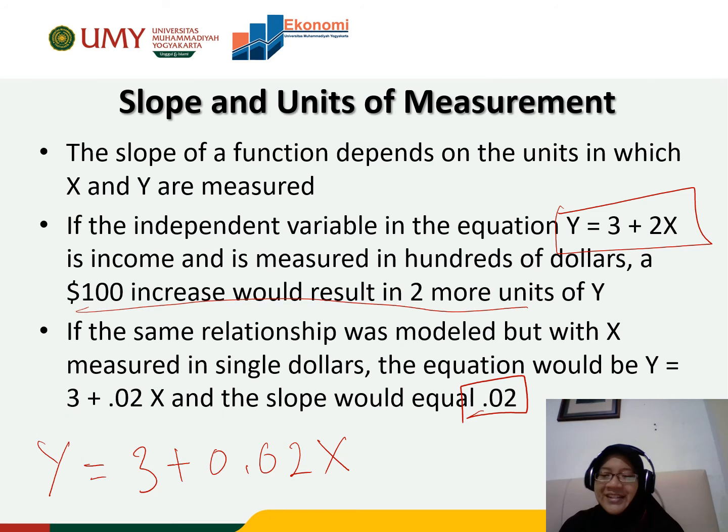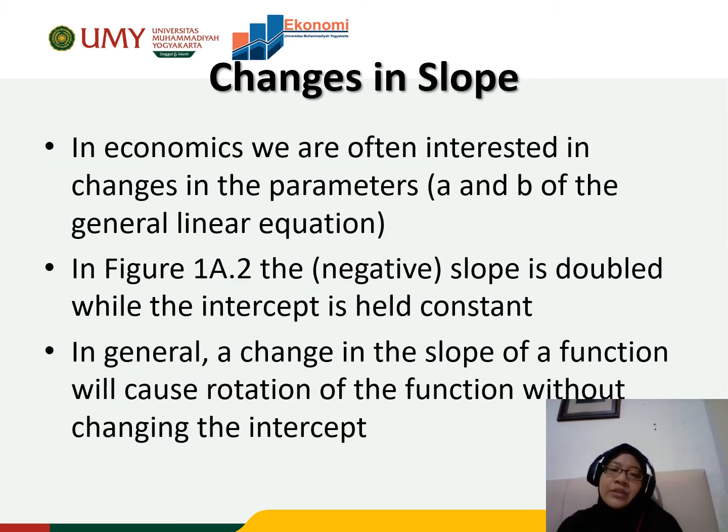So in economics, we are mostly interested in the changes of the parameters a and b from the linear equation. If you still remember the figure, it had a negative slope doubled with the intercept held constant.